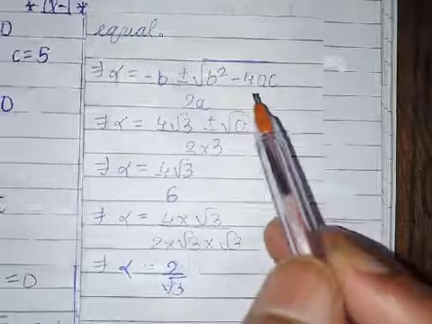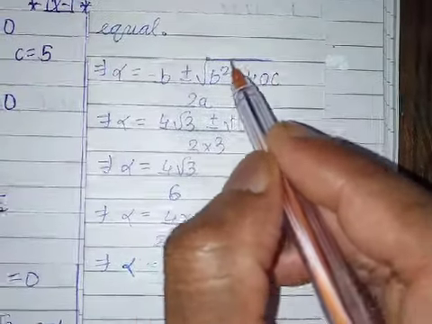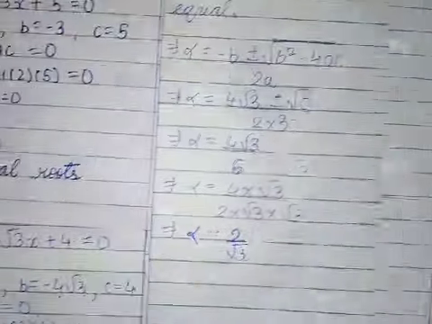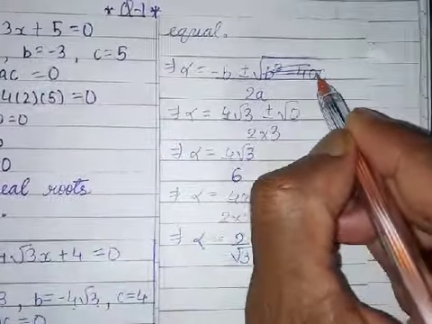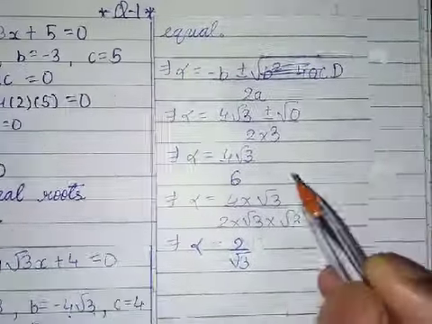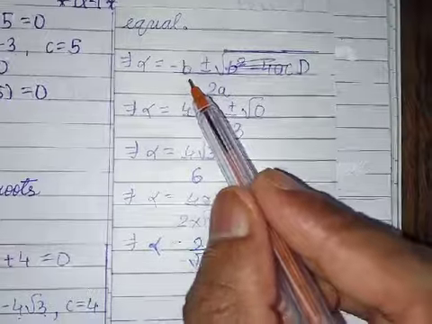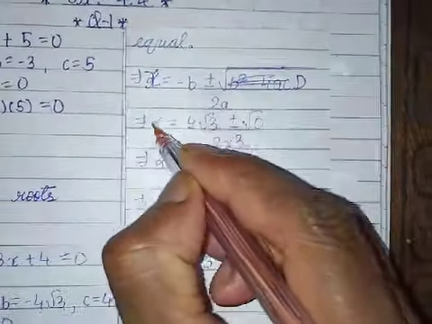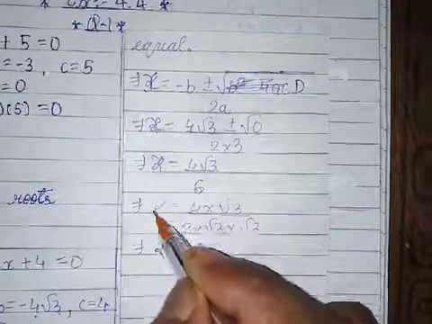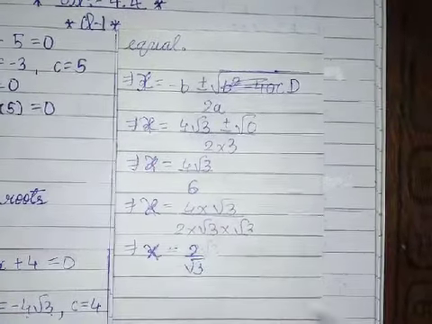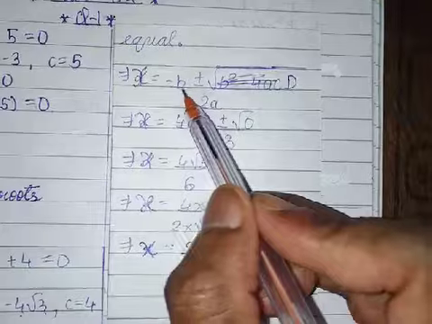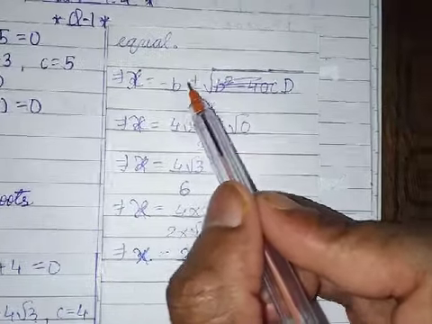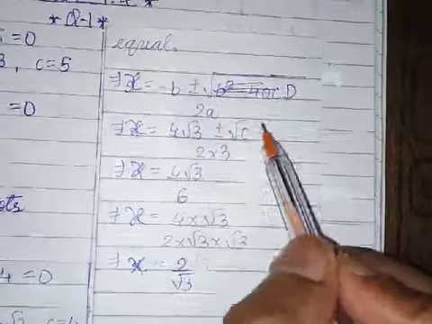So we find that this can be written as D, which we already found out. So in place of this we can write it as D, the discriminant. So x is equal to minus b plus minus root D upon 2a.